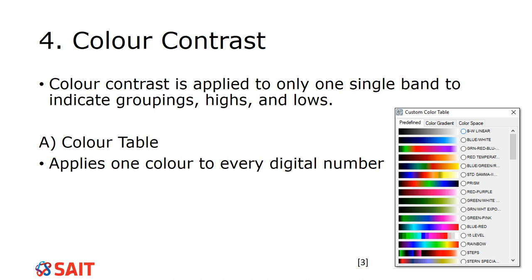Then they apply a color table to it and make it, oh look, it's red because it's hot there and it's blue because it's cold. Originally, it was white for hot, and we applied the red to anything that was white. And for the cold areas it was black, but we applied the blue. So color contrast and color tables can only be applied to a single band at a time.